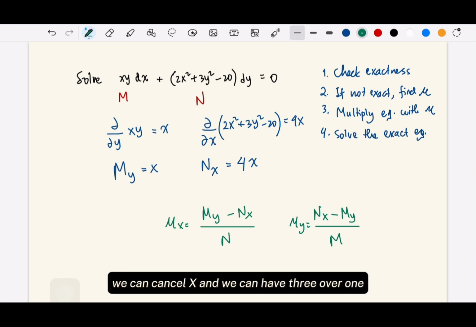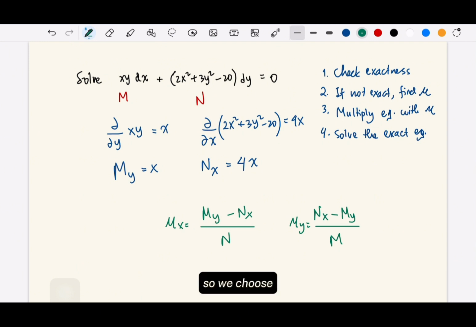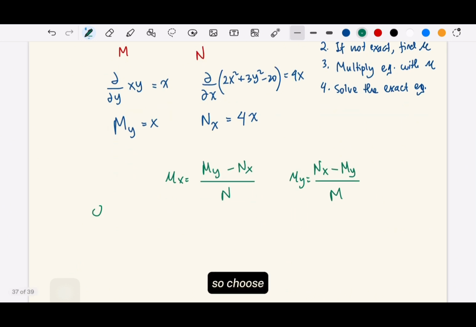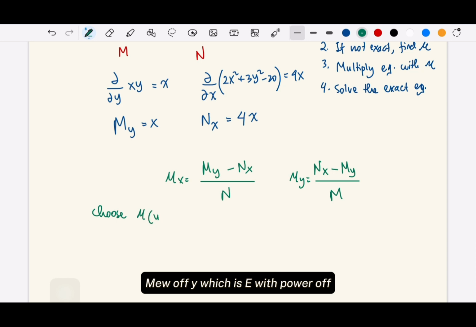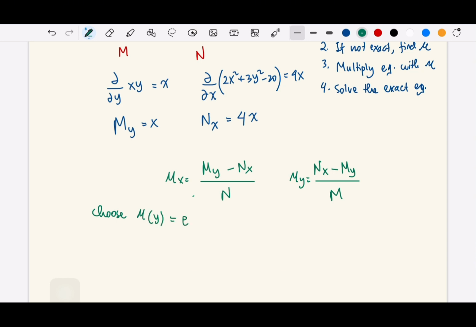We can cancel x, and we have 3 over y. I think we can integrate that easily, right? So we choose mu of y, which is e with power of.